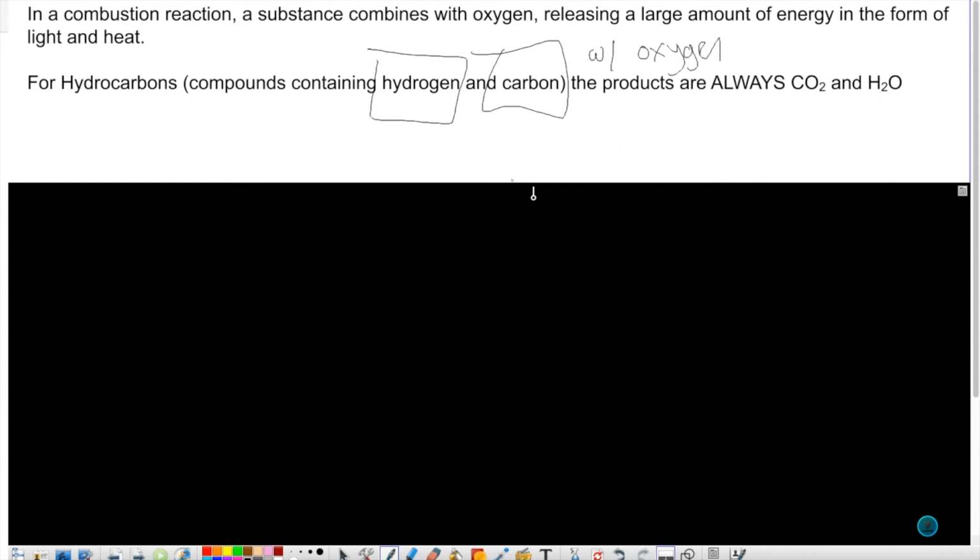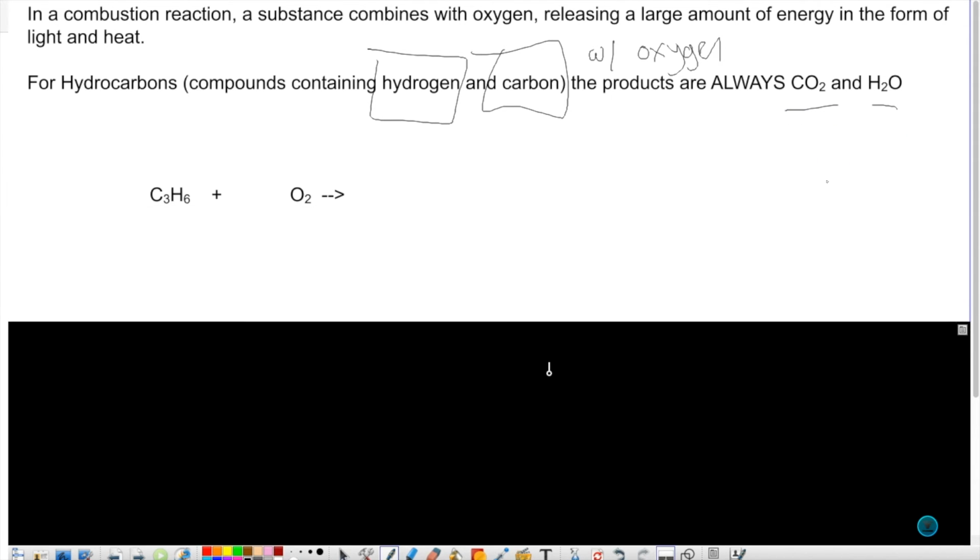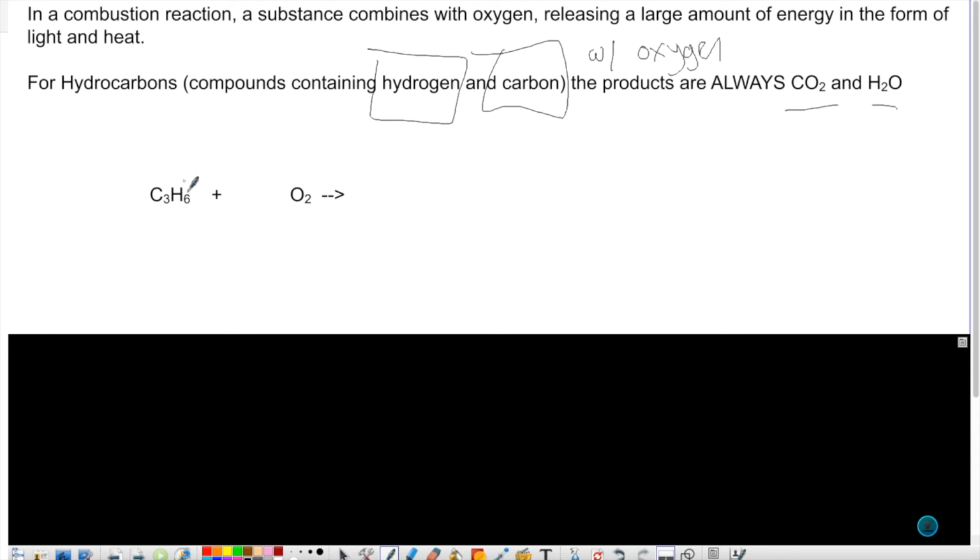If the compound has oxygen in it, that's okay, you just do the same thing. The nice thing is that the products are always CO2 and water. So here's C3H6 plus O2. This just has carbon and hydrogen, reacting with oxygen, so this is a combustion with a hydrocarbon. My compounds are going to be CO2 plus H2O.